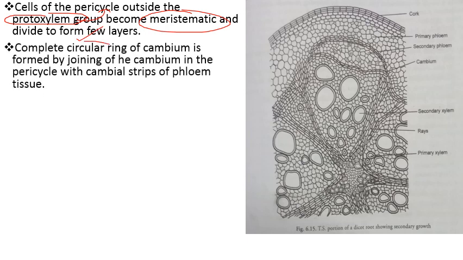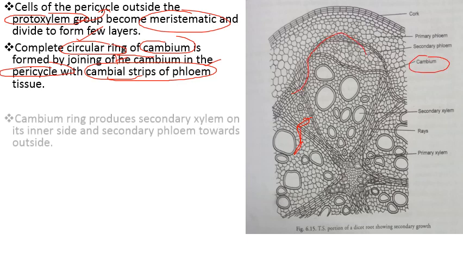Then a complete circular ring of cambium is formed by joining of the cambium in the pericycle with the cambial strips of phloem tissue. As we have discussed, phloem tissue के नीचे भी cambium strips बनती हैं और साथ में pericycle में बनती हैं, तो ये जो strips हैं ये join करते हैं एक दूसरे को, they form a complete ring of cambium, एक complete ring बनती है cambium की.